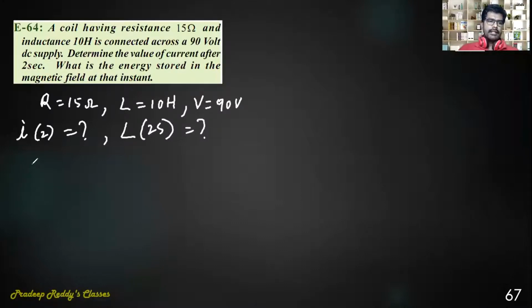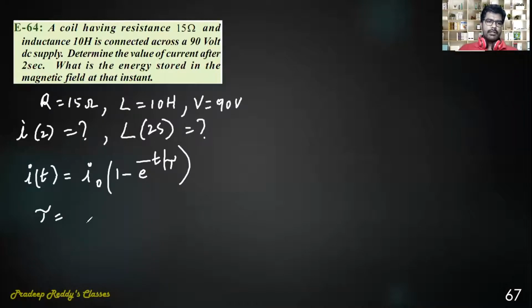We know current at any instant of time t is equal to I naught into 1 minus e power minus t by tau. What is tau here? Tau is equal to L divided by R, which is 10 Henry divided by 15 ohm, which is 2 by 3 second.